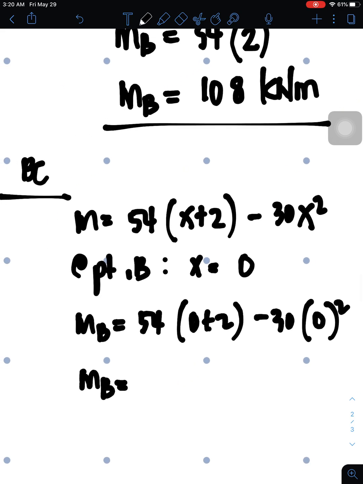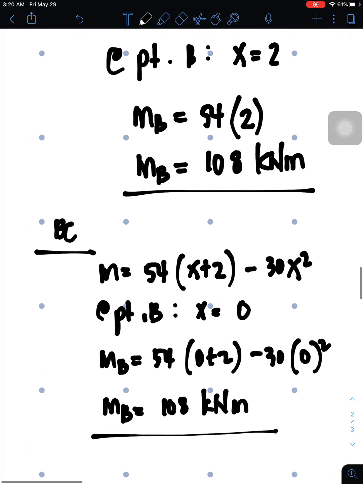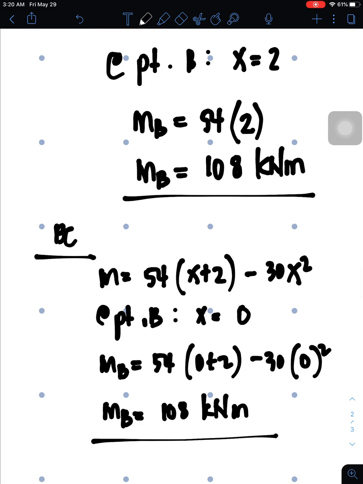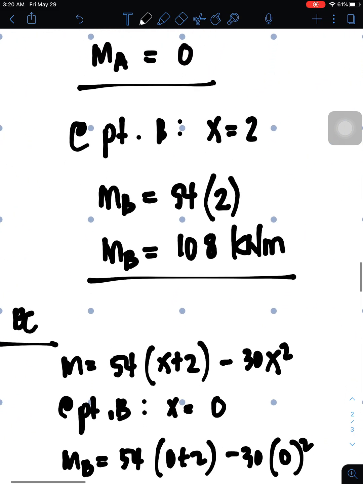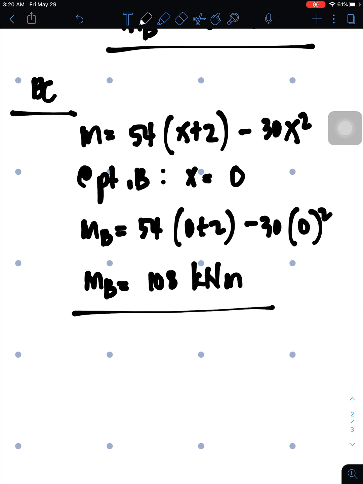So MB is 54 times 2. That's 108. So again, the value for MB for segment BC is 108, and the other segment containing point B is also 108. That's how to verify whether our answer is correct or not.